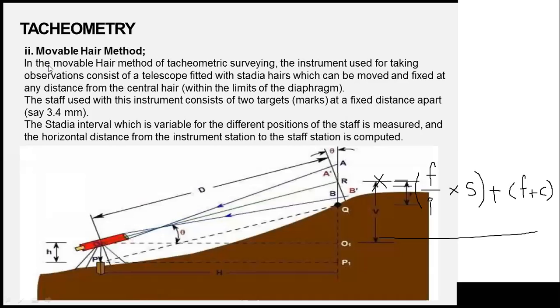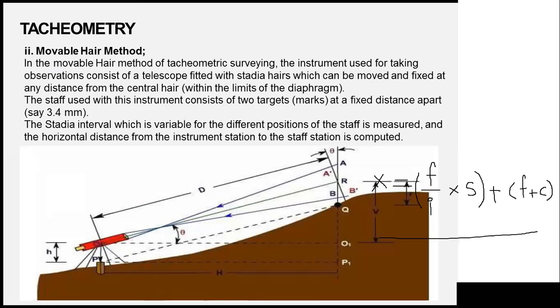Now this is another method in tachometry, the movable hair method. In the movable hair method, the angle theta is included, and you can measure the inclined distances. From that inclined distance, you can measure the horizontal distance, capital H in this case.